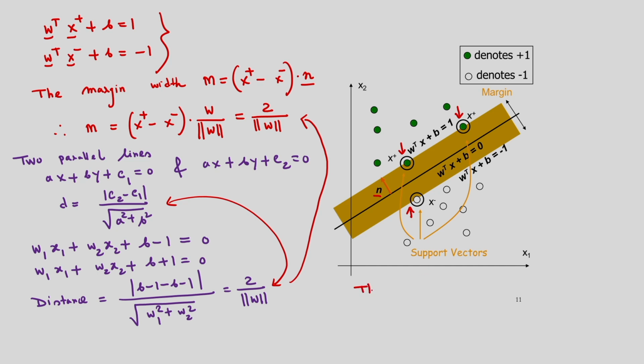The points which lie on the canonical hyperplane are called support vectors.